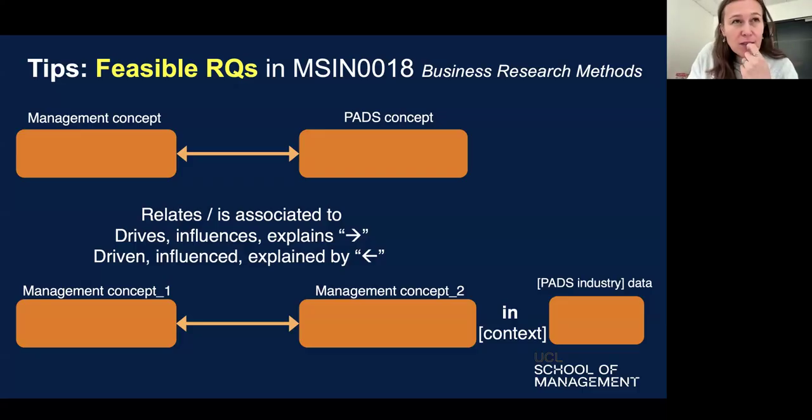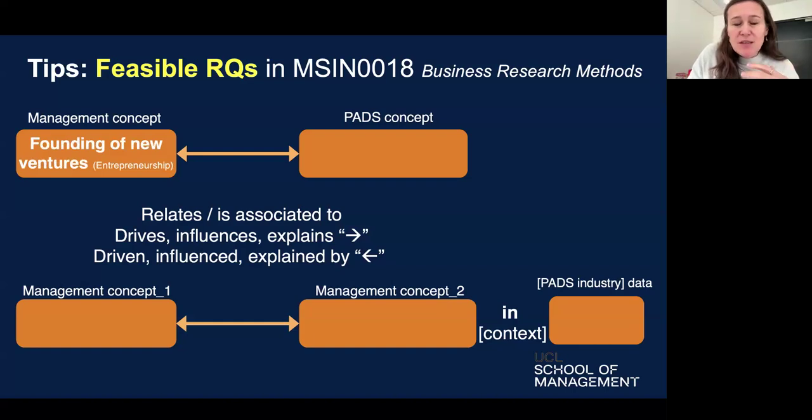I finished the last lecture in this module showing how a recent paper in a very important journal, I think Organizational Science, relates something that is managerial to something that is in the public authority, defense, security sort of domain. Specifically, they related entrepreneurship to street protests.